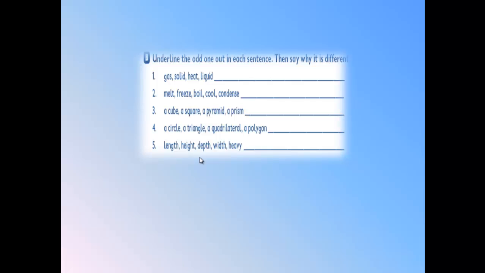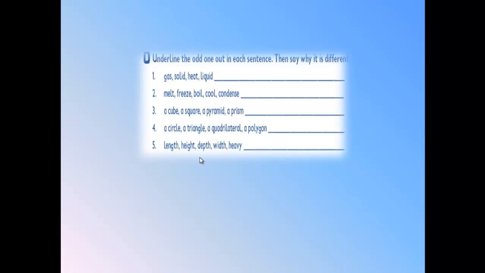Now, number 4, a circle, a triangle, a quadrilateral, a polygon. Here, a circle is different because the others have straight sides, whereas the circle doesn't have straight sides. And finally, number 5, length, height, depth, width, heavy.